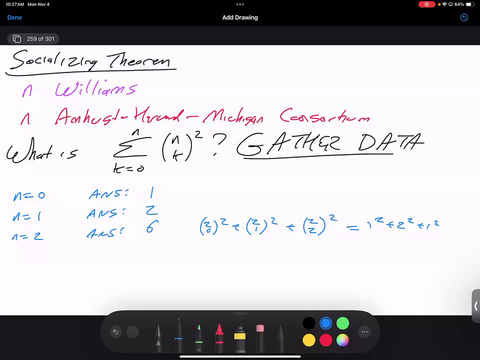So let's look at n equals 3. Now it's going to be 1 squared plus 3 squared plus 3 squared plus 1 squared, right? Uh-oh, that's 20. That is not 4 factorial.